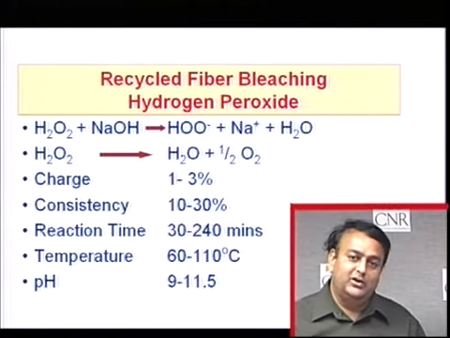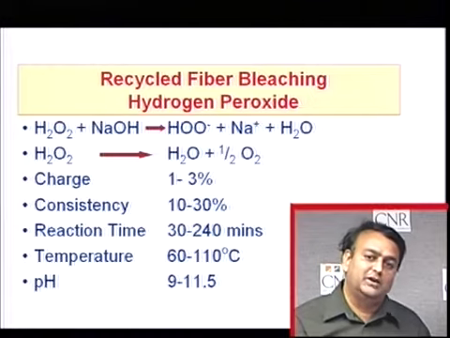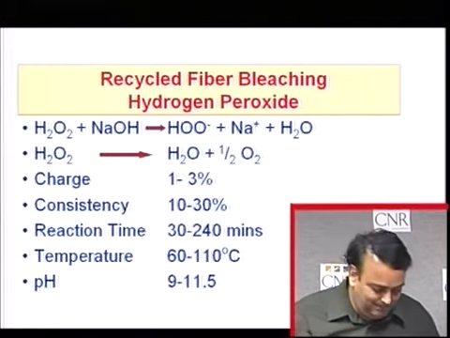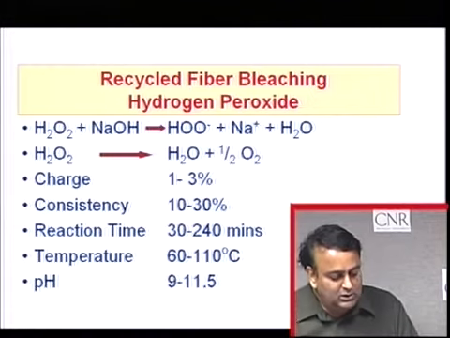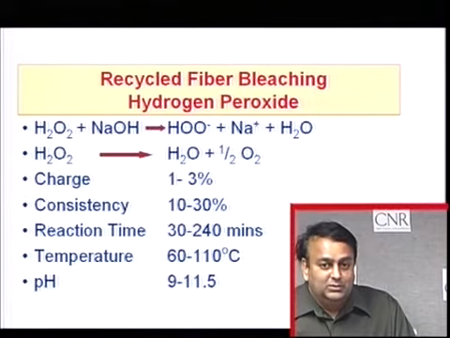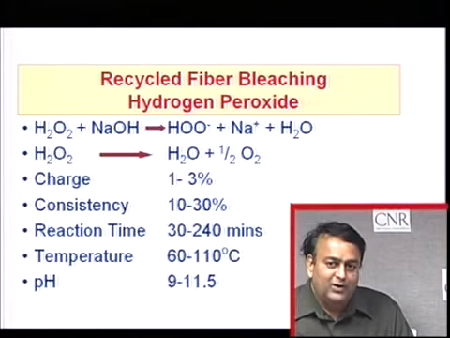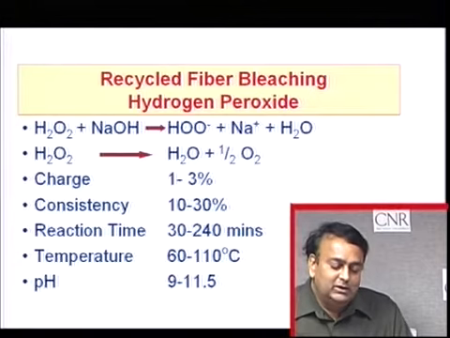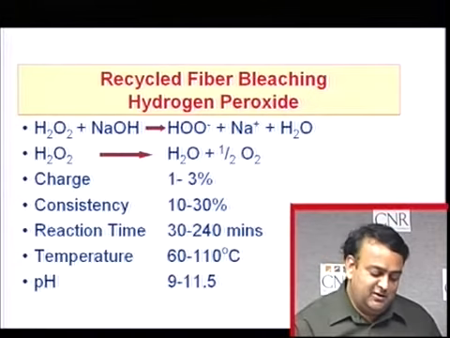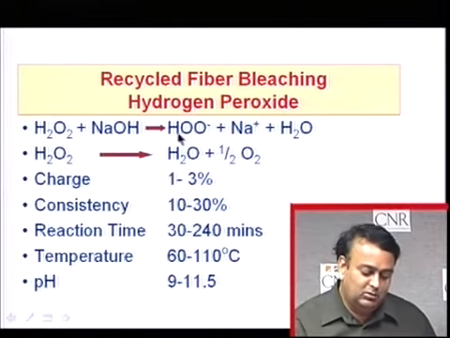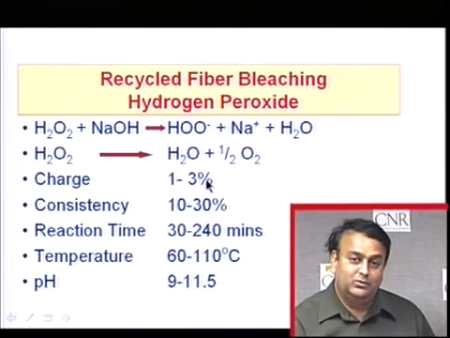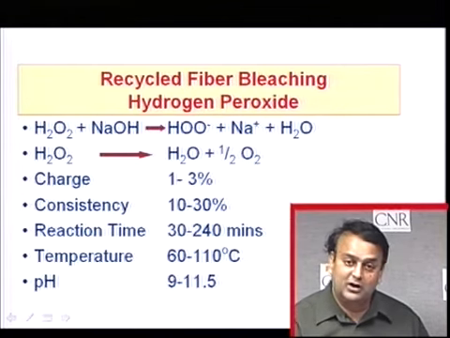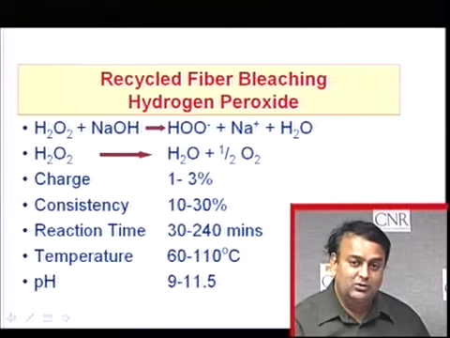Higher temperature needs lower time, or lower temperature needs longer time. pH of peroxide bleaching is typically between 9 and 11.5. Above 11 the perhydroxyl ion content is low, below 9 also the perhydroxyl concentration is low. So between 9 and 11 this concentration is at peak, so you get a good bleaching out of it.